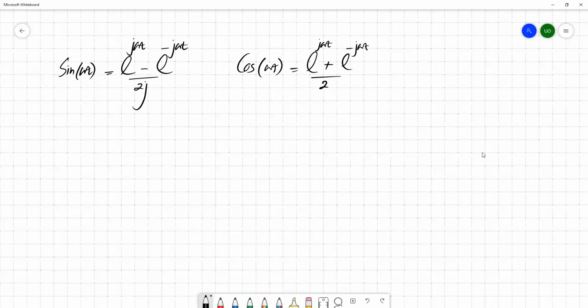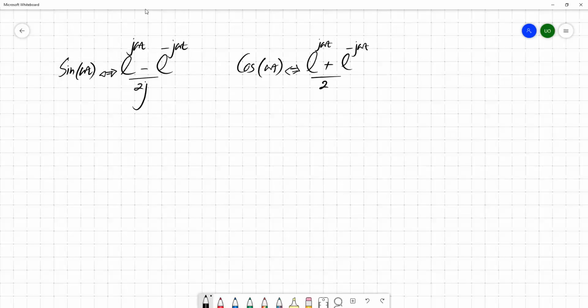This is valid for both. If you have a function like this, you can convert it back into cos omega t, and if you have this other one, you can convert it into sine omega t. Again, if you have sine omega t and want to convert it to complex exponentials, this is the transform.